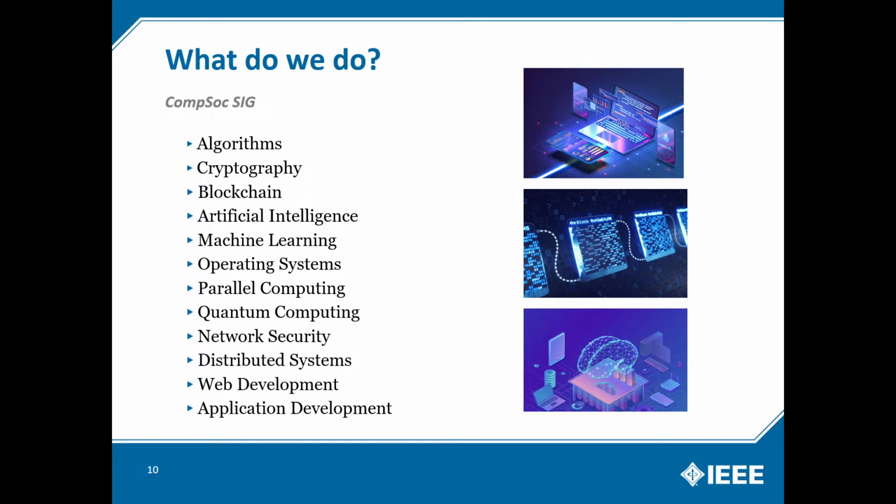Originally, we had only the Computer Society in ComSoc, but this year we introduced the Computational Engineering Society. ComSoc does research and projects in algorithms, cryptography, blockchain, and artificial intelligence. We have some of the best people in the coastal belt who work on these things, and we also have professors who are part of IEEE who contribute to research in these fields.